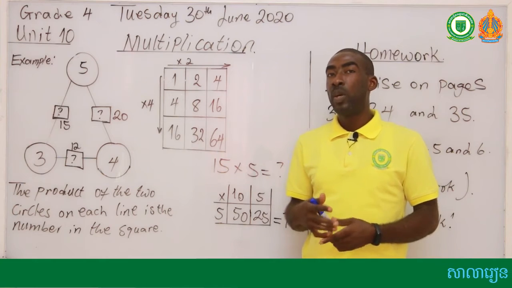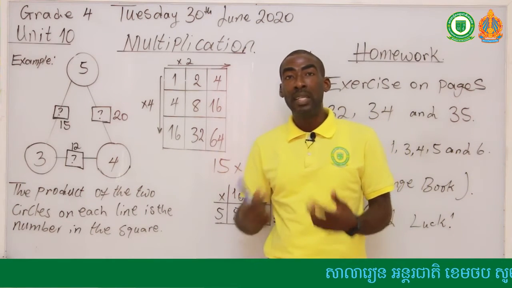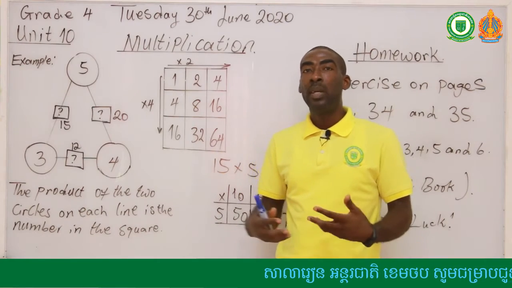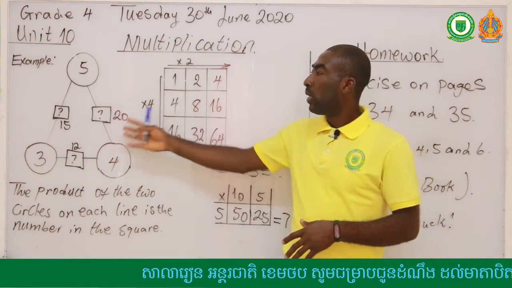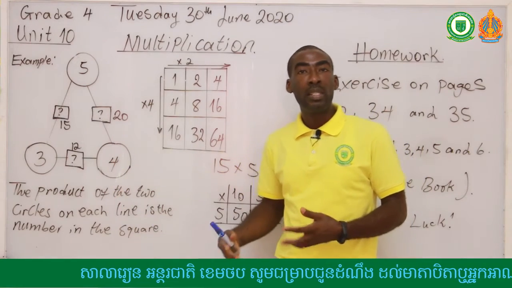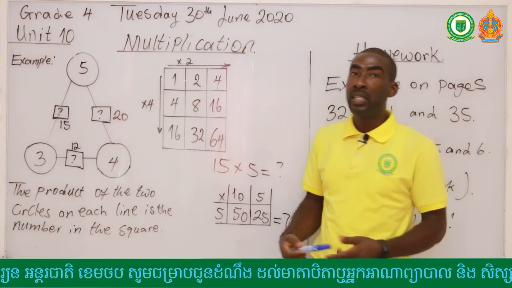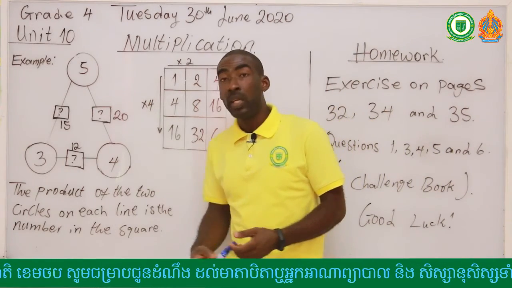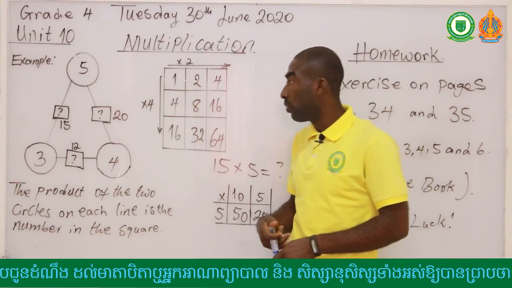But in situations whereby you have to read an instruction to identify the element or the component of multiplication, you have to always read the instruction carefully so that you can always know how to identify your multiplication element in the equation that you are supposed to do.